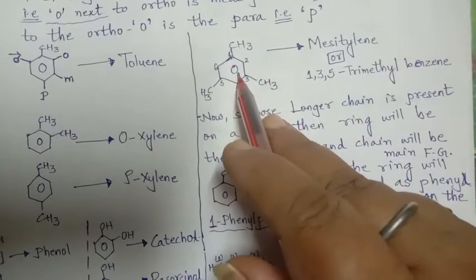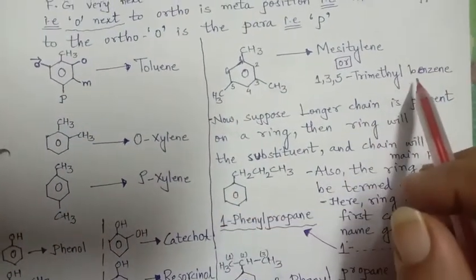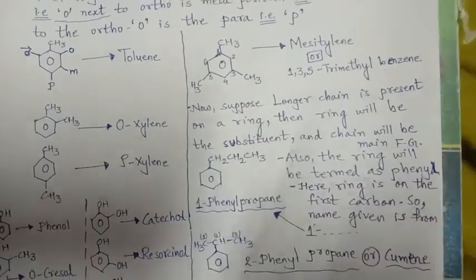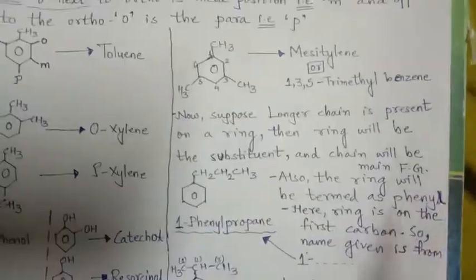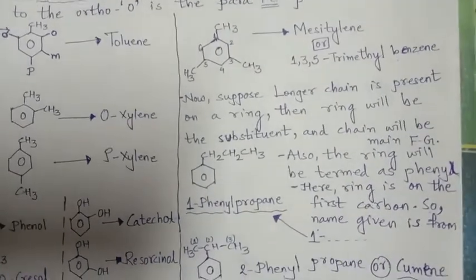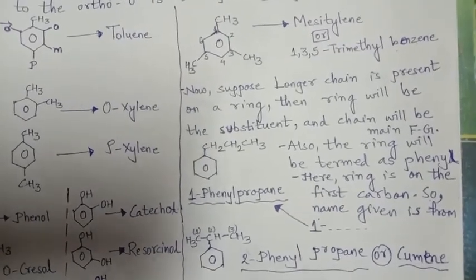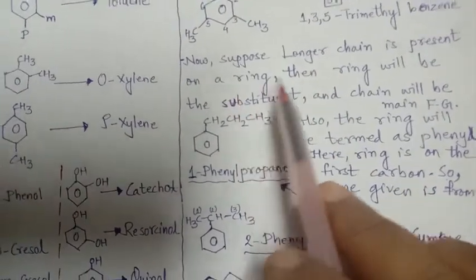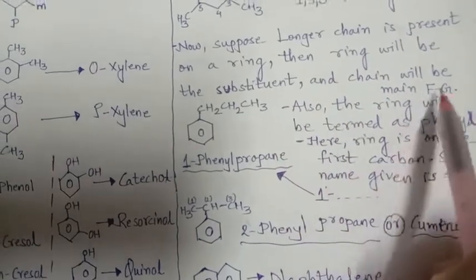With a double bond it will be hexene. Clear? But we can see it as a benzene also. So 1,3,5-trimethyl benzene. Now suppose a longer chain is present on a ring. All these aromatic compounds we have seen, that is with a ring, were having only one or two substituents. But if there is a longer chain present on a ring, then the ring will be given as the substituent and the chain will be the main chain.